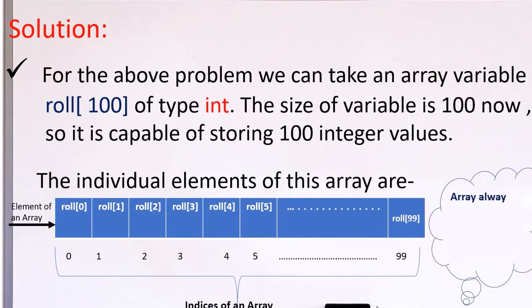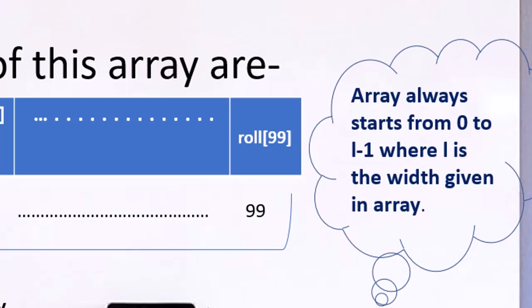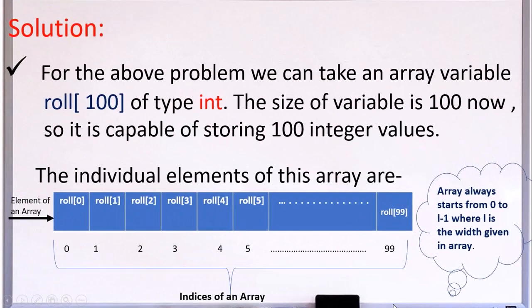That means my first element is represented by, in this case, roll[0], right? And one more thing you have to remember: array always starts from 0 to L minus 1, where L is the length of the given array. For example, in my case, the length was 100. There were 100 students. So, my array will start from 0 to 99.